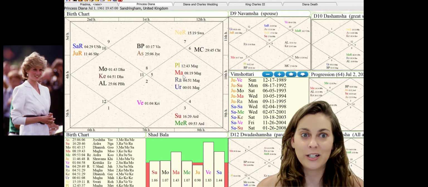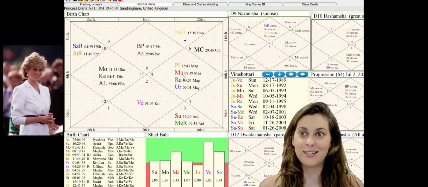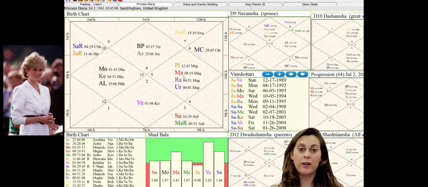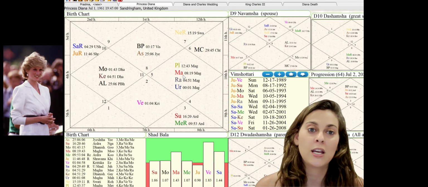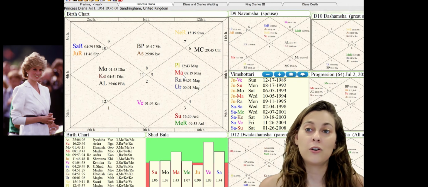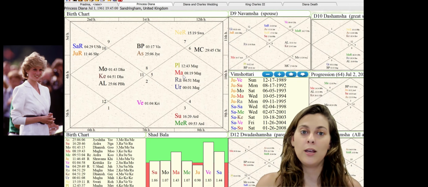This is the ruler of her sense of self. So it's not just going to show up as Mars for her. This is her sense of self. Anything conjunct or with Mars, aspecting Mars, is going to have a very big impact on her sense of self. So it's in Magha in Leo.